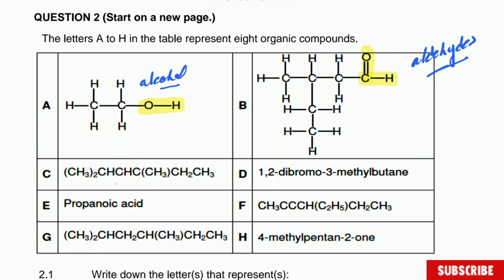There is only carbon and hydrogens. We're going to leave this one for a little bit later, but we are going to write that it's a hydrocarbon. Compound D, you have a carbon and hydrogen, but you also have a bromo there. In fact, you have 2 bromos there, and therefore this one is a haloalkane.